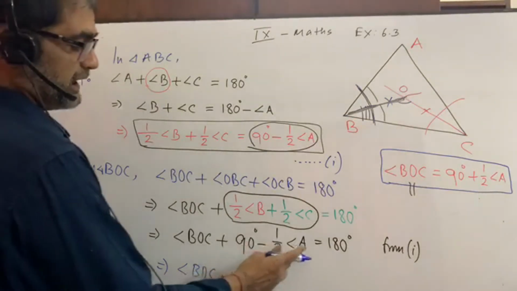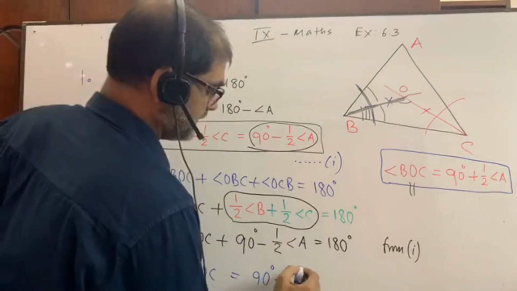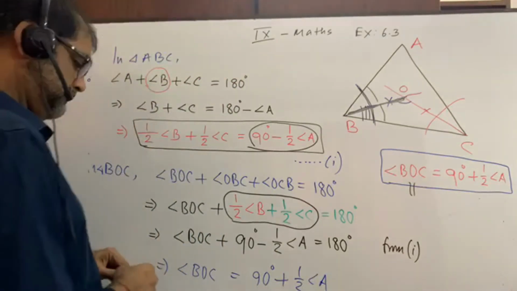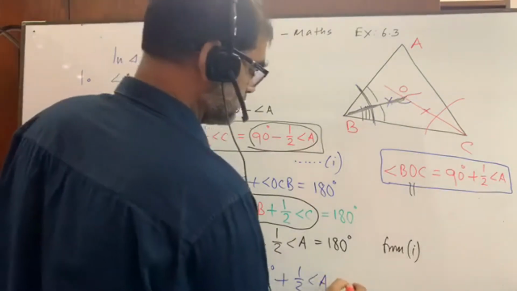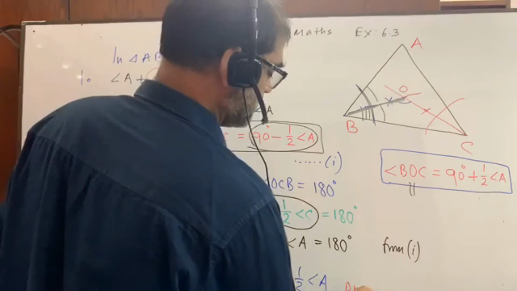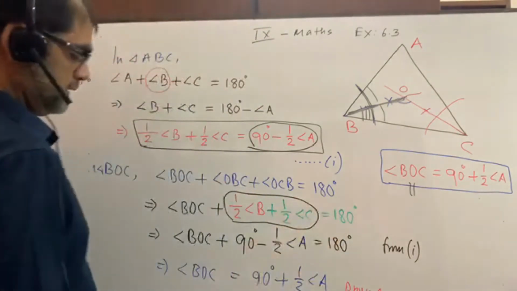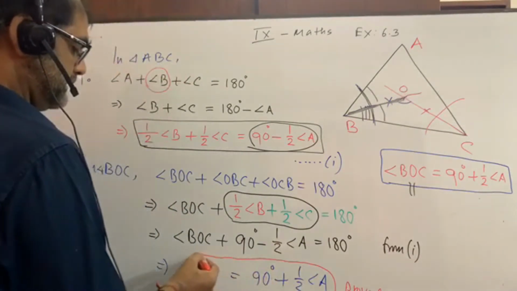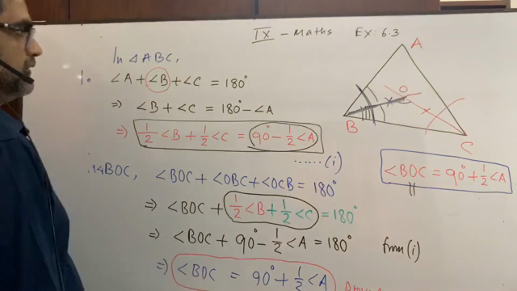Then it is minus half of angle A, so we can write here plus half of A, and the math is done here. It is proved. Please pay attention, this proof can be given in the exam.